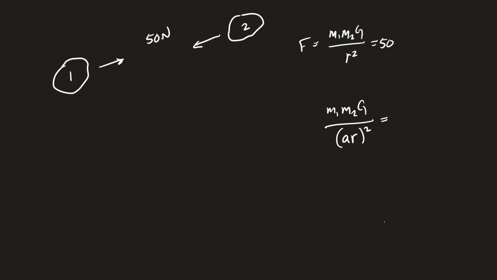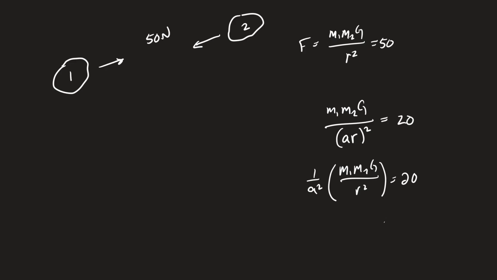This new one equals 20. We know the answer. But the process is the same. Separate the modification and build your base formula again. So I separate my modification, my base formula, M1, M2, G over R squared. Process is still the same.